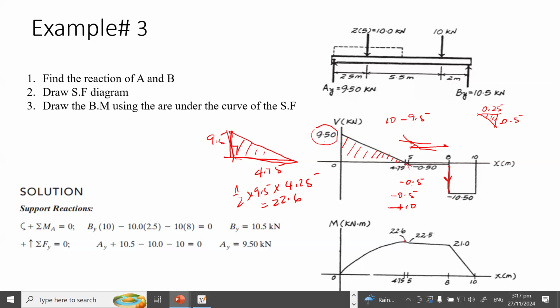So there's another triangle. You find the area for that, and that area would be 0.5 times 0.5 times a half, so you get 0.06. Because it's half base times height, so it's 0.25 times 0.5.